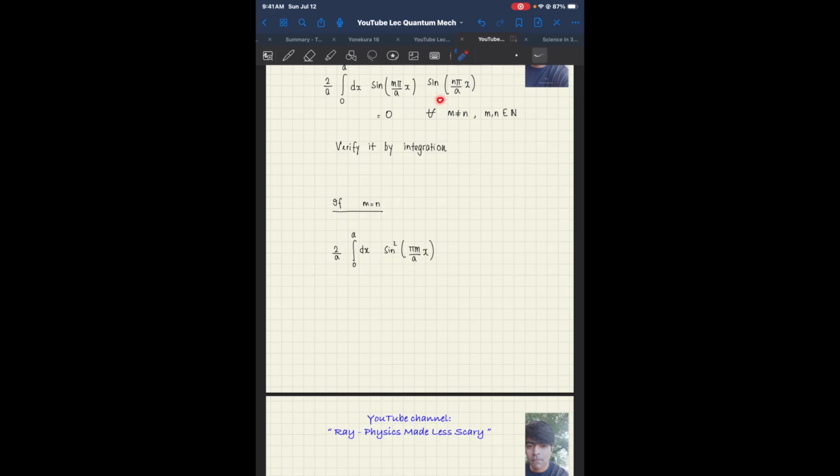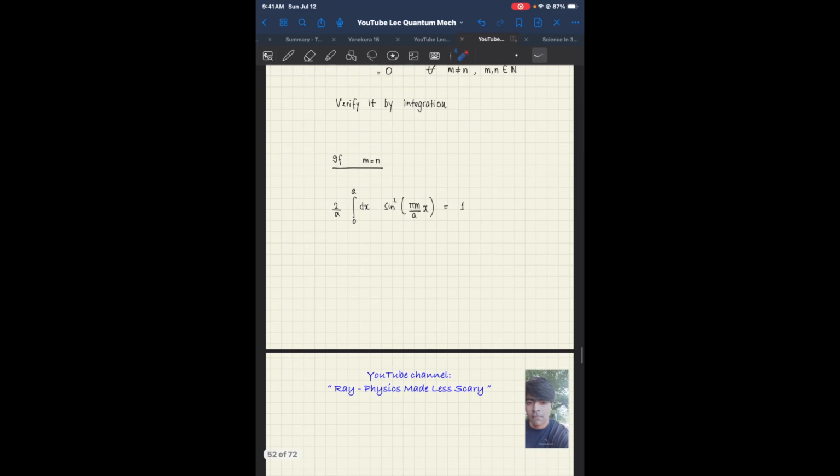It's a square, because you have the same function here for m equal to n. You will see that this is 1. And this normalization then becomes important. It's with this normalization that you get 1 here.